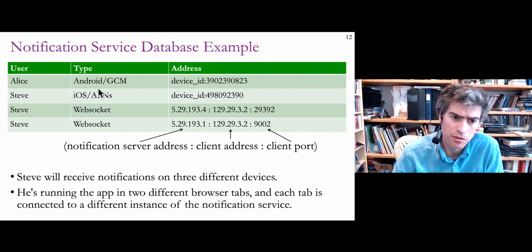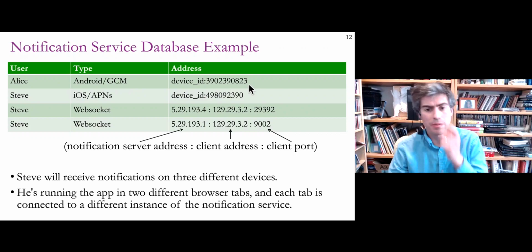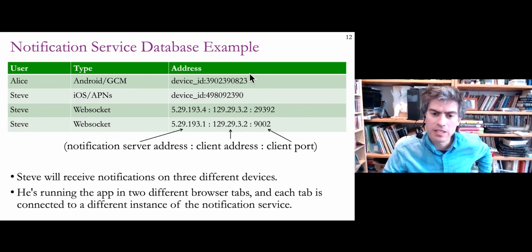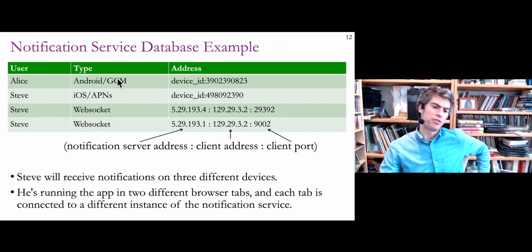Alice has an Android phone, and since she's run the smartphone app and approved notifications, that caused the smartphone app to send a message to the backend to store this particular device ID for this user. And I can use this device ID if I send a message to Google Cloud Messaging with this device ID. Google will then deliver the message through push notifications to Alice's phone.